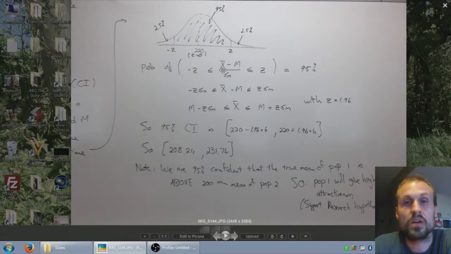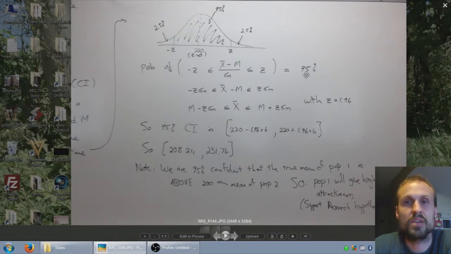Now x bar here, I should say, is the true mean of the population, and m is my sample mean. So I want the probability that the population mean falls between these two values to be 95%. Now 95%, when I look at my diagram, would correspond to a z-score of plus and minus 1.96, like we've seen before.